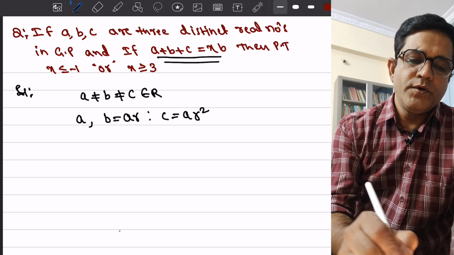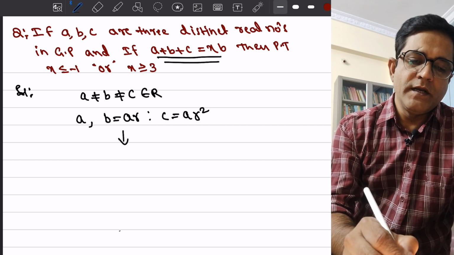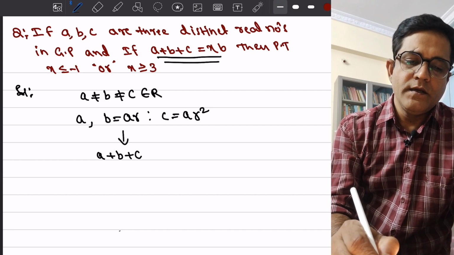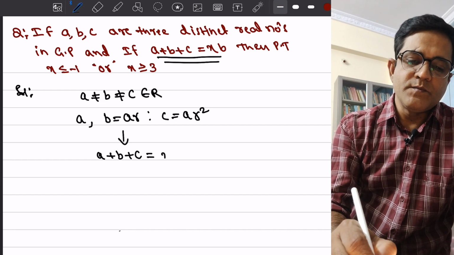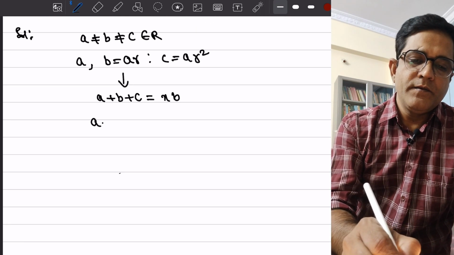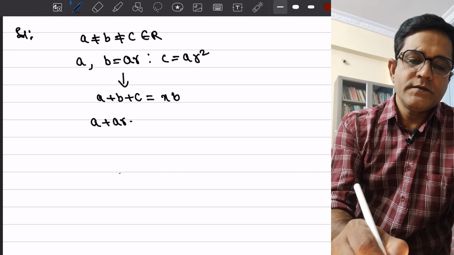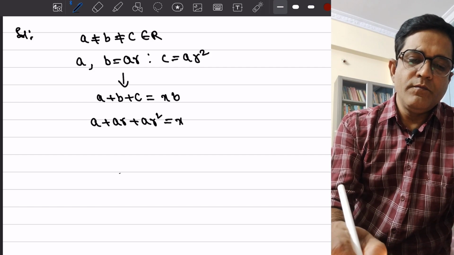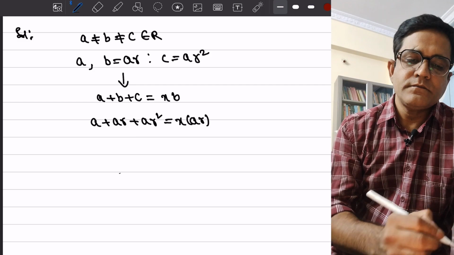So you put these terms in the given equation, that is a plus b plus c is equal to xb. If you substitute in this one, then what happens? a only, b is equal to ar, c is equal to ar square, is equal to x into b, which is ar.